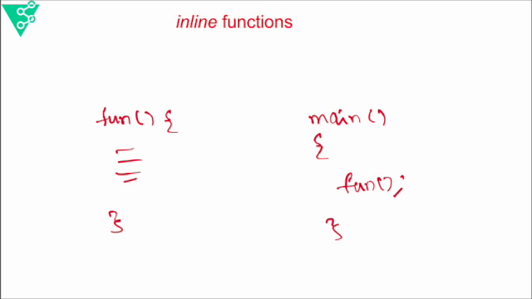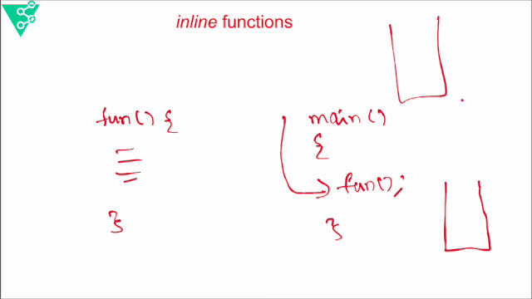Now, when the control flow comes to this, it has to create a stack frame and then store its address in the main stack frame. So if you have another stack frame which belongs to main, a new stack frame will be created as soon as fun gets called.